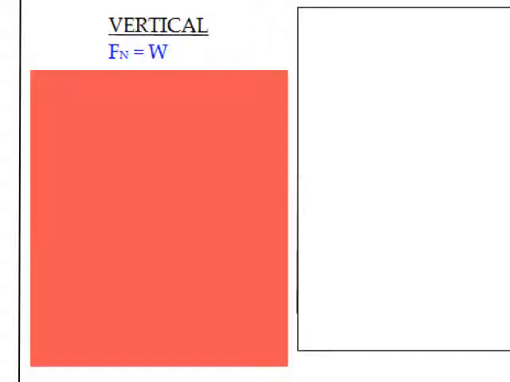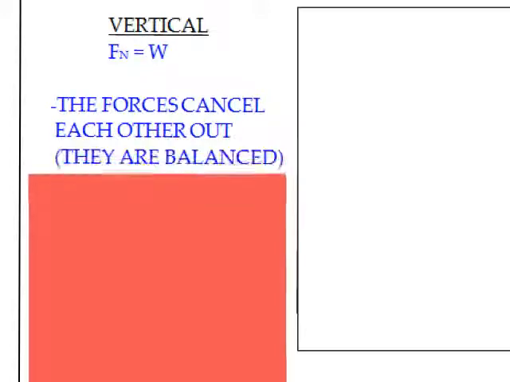I put an equal sign between them because the magnitude of these two forces are going to be the same for the situation that you were given. That is, an object being dragged along a horizontal surface with friction. So in this case, we can say that these two forces cancel each other out, or that they are balanced.